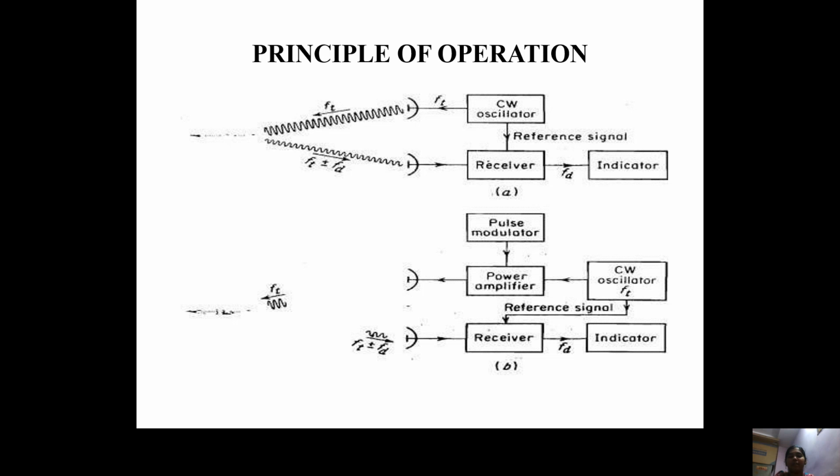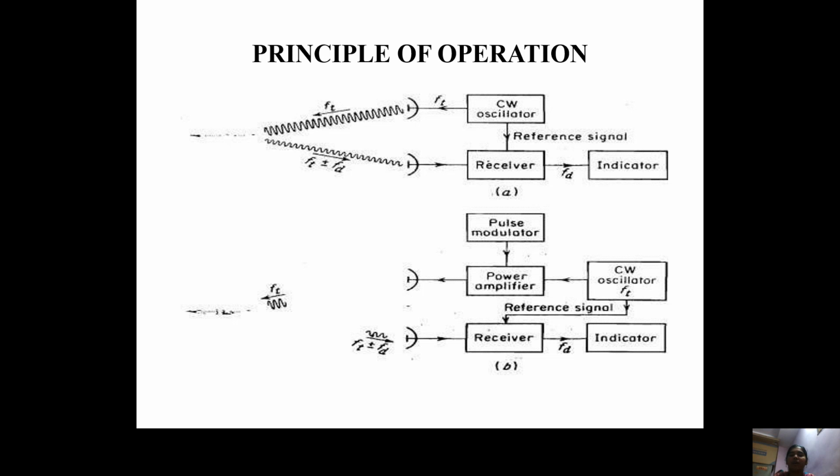In the receiver we have a mixer, which generates either the sum or difference of the frequencies. Here ft gets cancelled and the required Doppler frequency signal passes through the mixer.